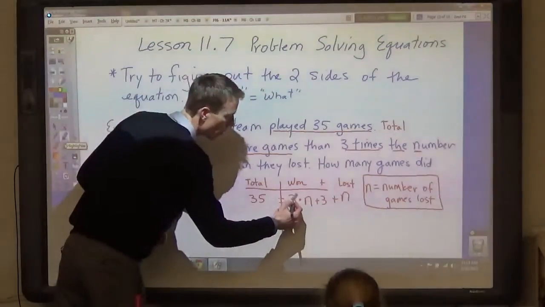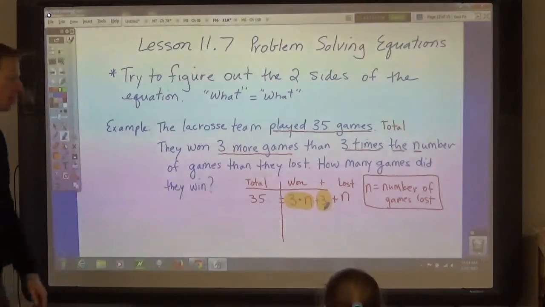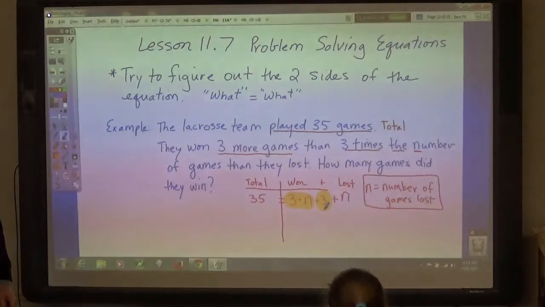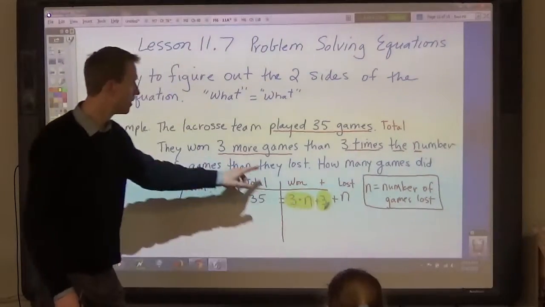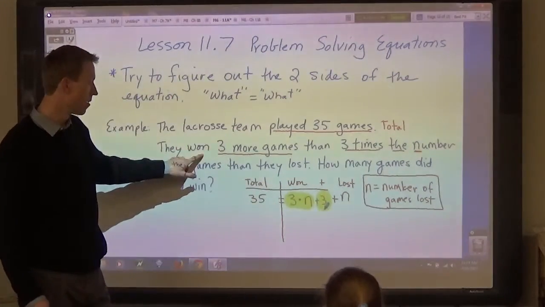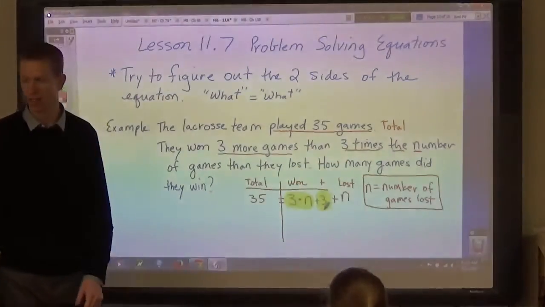We have 3n, and we have 3 more than that. And that's the number of games that were won. It says they won 3 more games than 3 times the number that they lost.